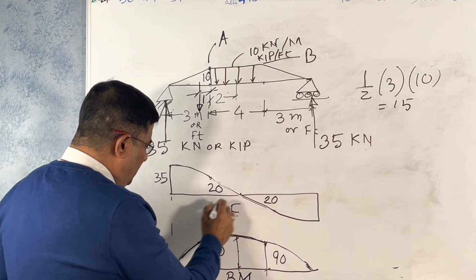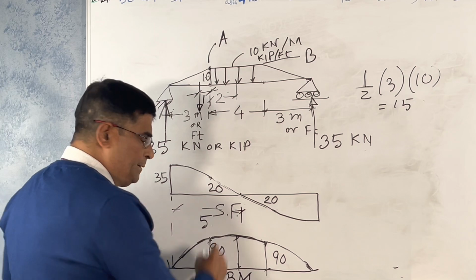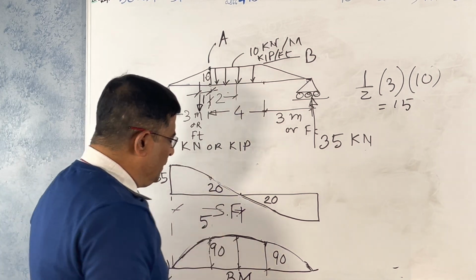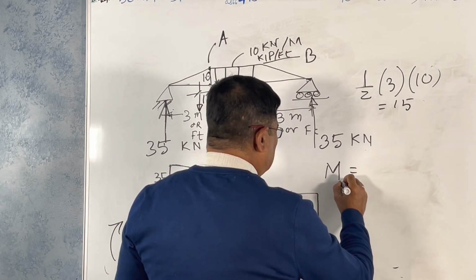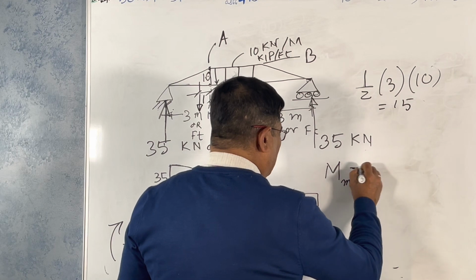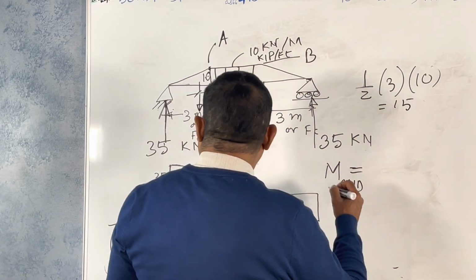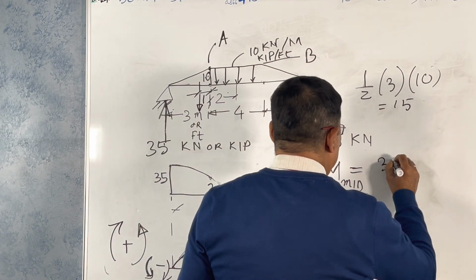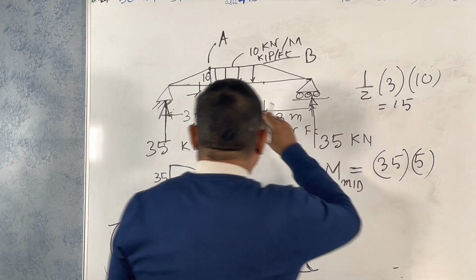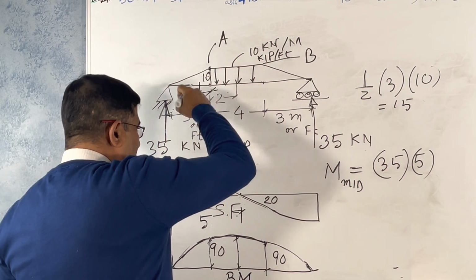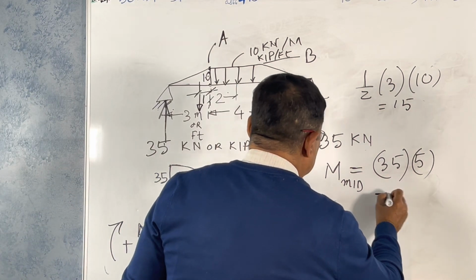Maximum moment is at the midpoint, the middle of the beam. This distance from here to here is 5, right? 5 feet or 5 meters. M mid equals 35 times 5. This will cause anti-clockwise, negative, so it is minus.